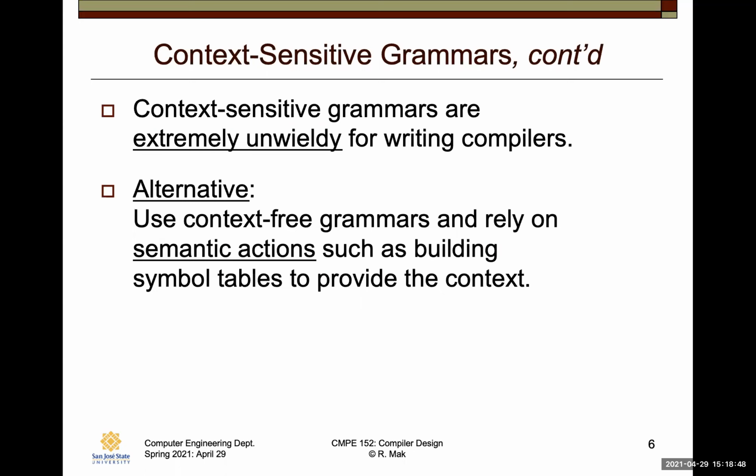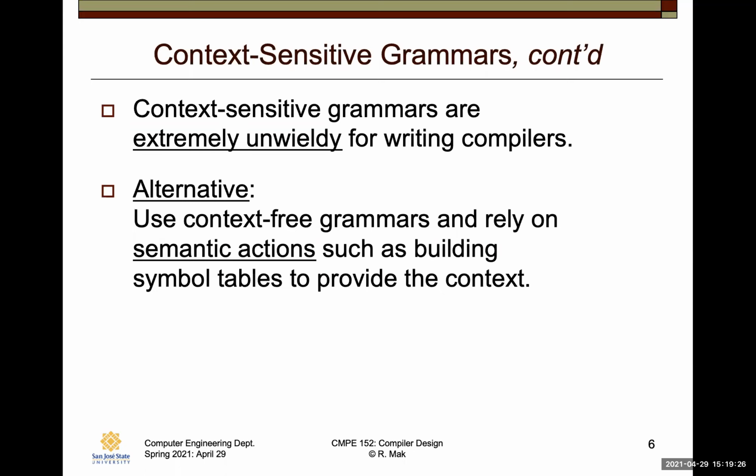So we're going to say it's really too hard to use a context-sensitive grammar, so let's use context-free. And to augment the fact that we're using context-free, we're going to have semantic actions, such as having a symbol table to allow us to fully implement the rules. With a context-free grammar, there's no way to say in the grammar itself that if you have an identifier, in order for us to treat it as a variable, there has to have been a previous declaration for that identifier.